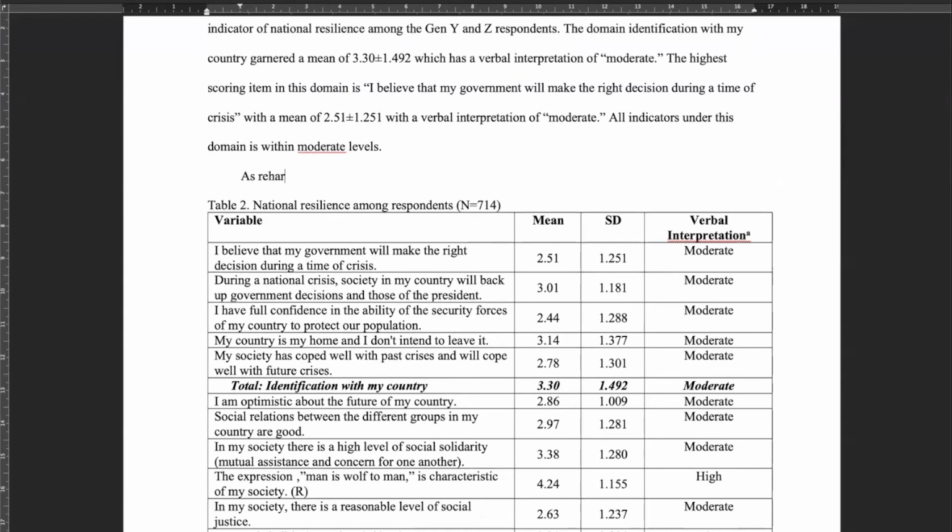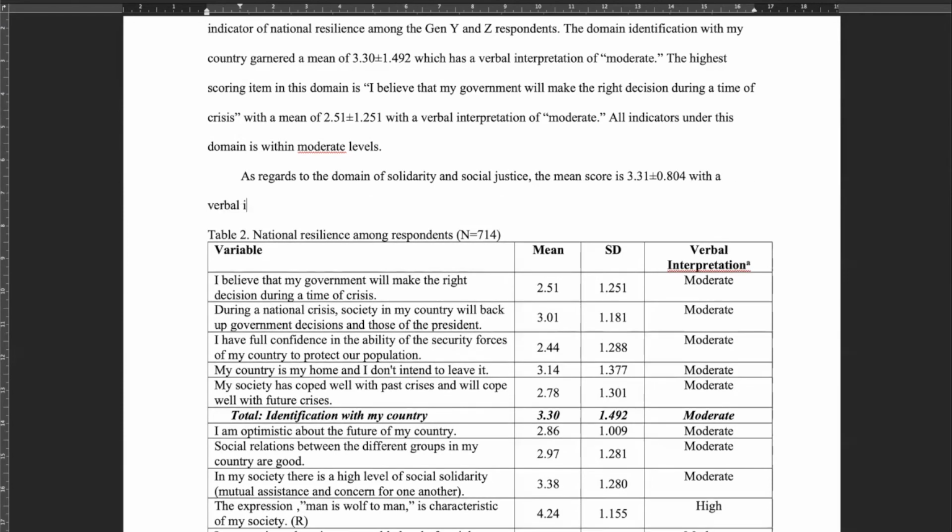As regards the domain of solidarity and social justice, the mean score is 3.31 plus minus 0.004 with a verbal interpretation of moderate.